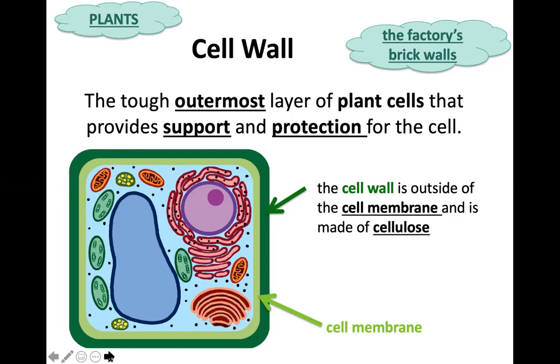And I talked about that when I talked about macromolecules. So what macromolecule is cellulose? A carbohydrate. Because it is a what? A sugar, because sugars end in ose. So these are found in what kind of cell? Only a plant. And we would compare this to the factory's brick wall.